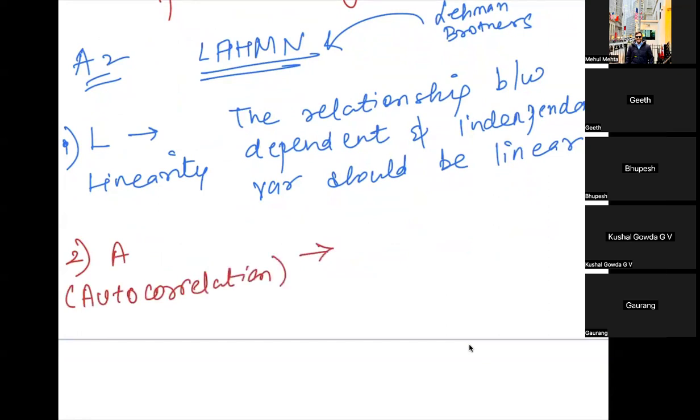Okay. So this assumption basically says that there should be no autocorrelation between the residuals.